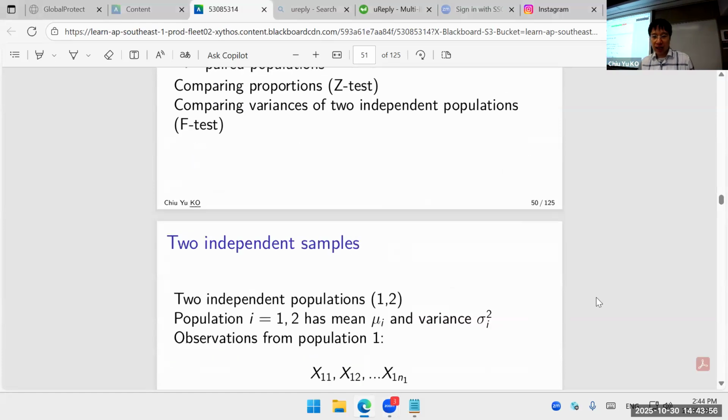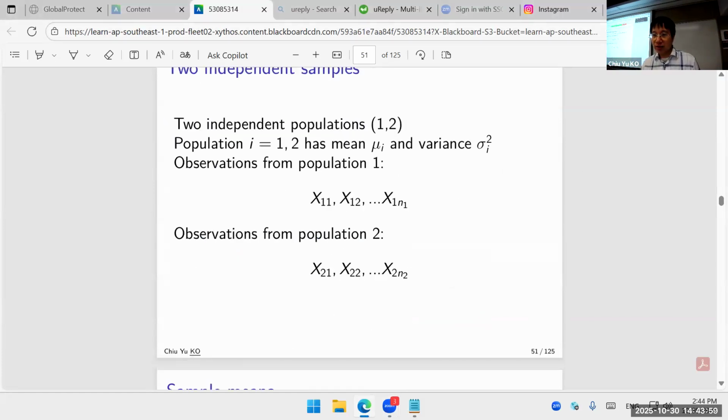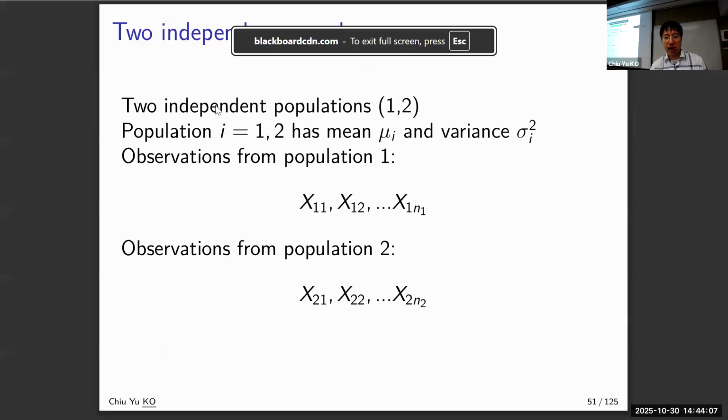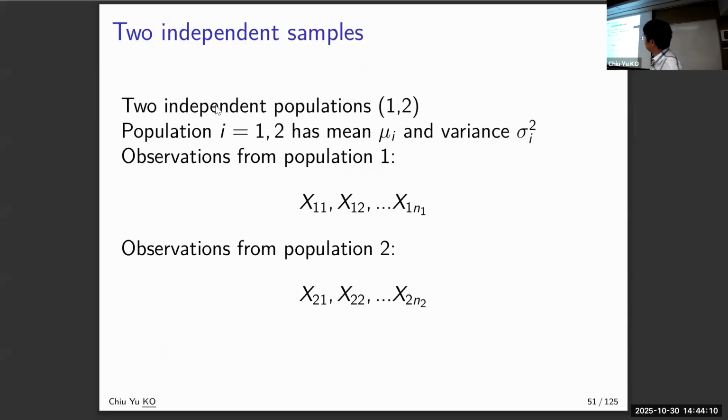So let's now look at the model we have. We will start with two populations. They are both normal.